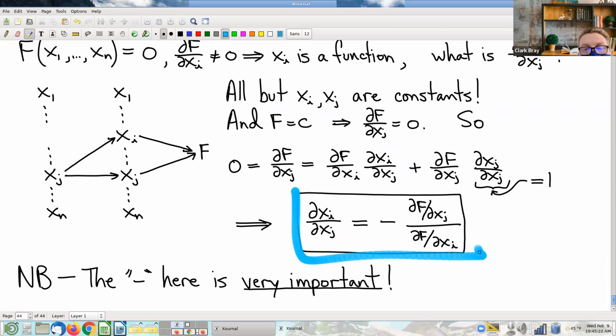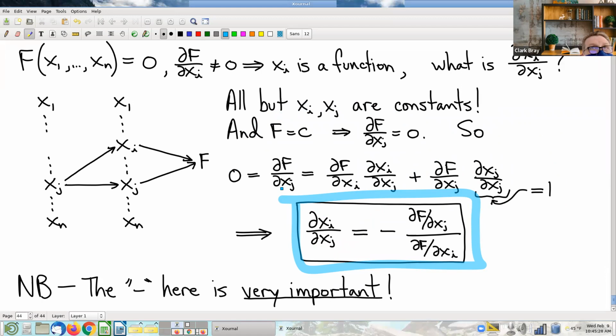So you can just remember this formula and use it as needed. And there is bad news and good news. Bad news is that you probably won't be looking at a question where the variables are called x1, x2, x3, etc., and you're taking specifically the partial of xi with respect to xj.